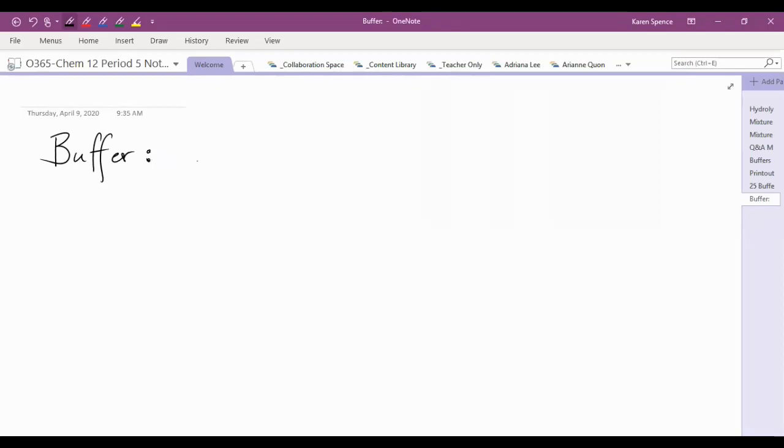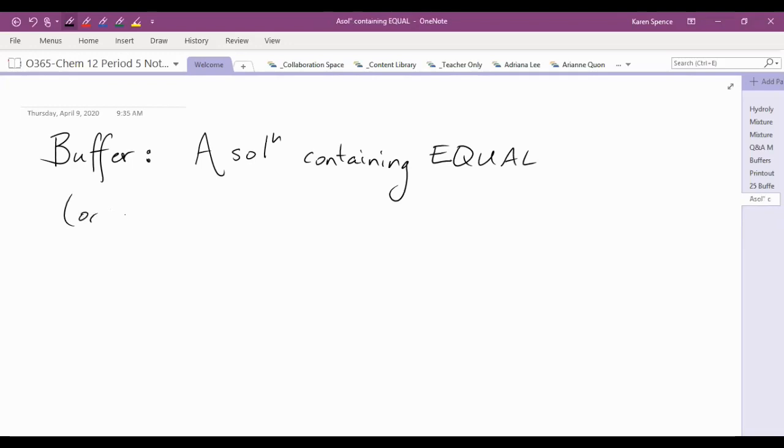A buffer is a solution containing equal concentrations, or close to equal concentrations, of a weak acid and its conjugate base.